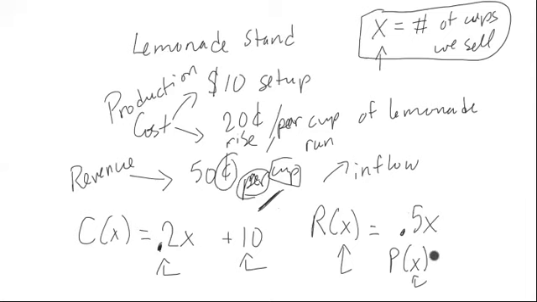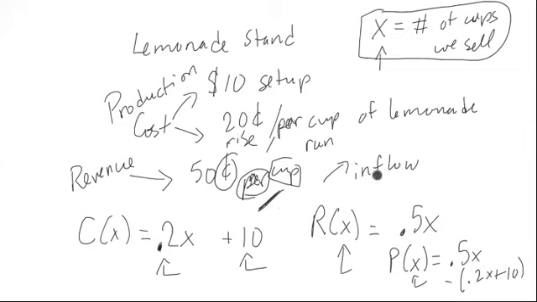So the profit function, with that assumption, would be 0.5x minus this 0.2x plus 10. We're subtracting a quantity, so we should use parentheses for proper distribution of the negative: minus the quantity 0.2x plus 10.